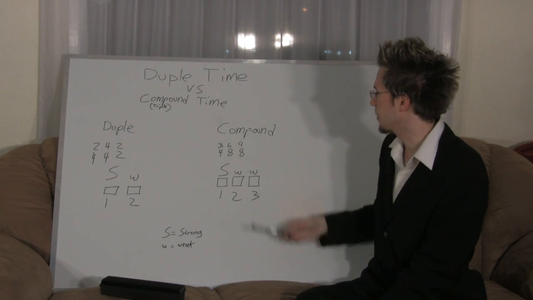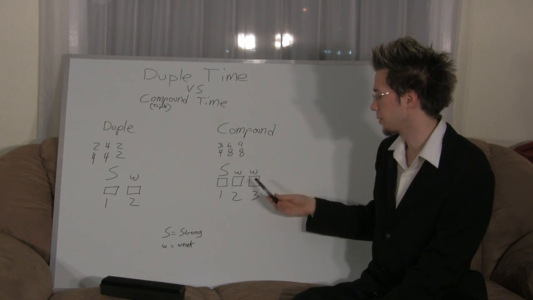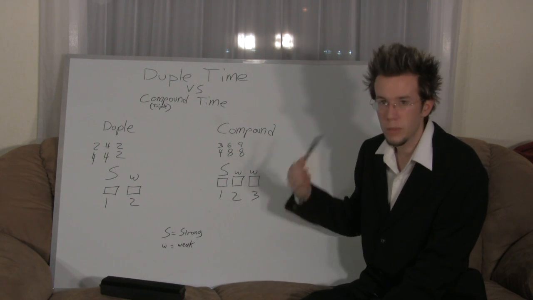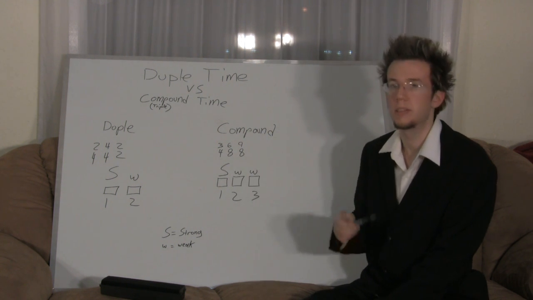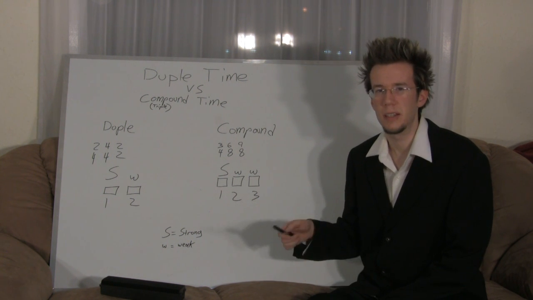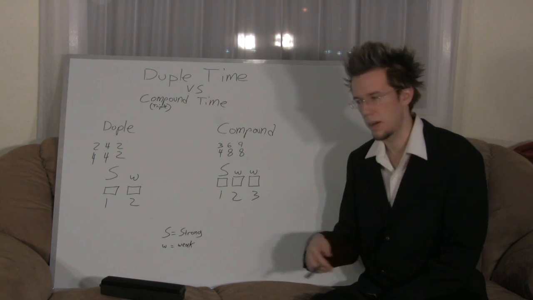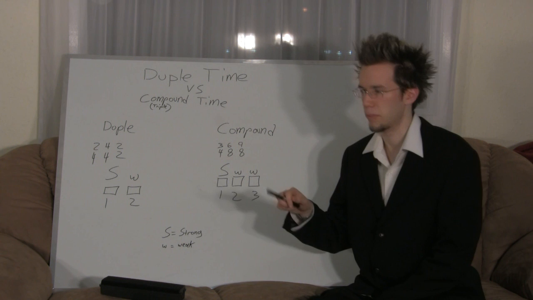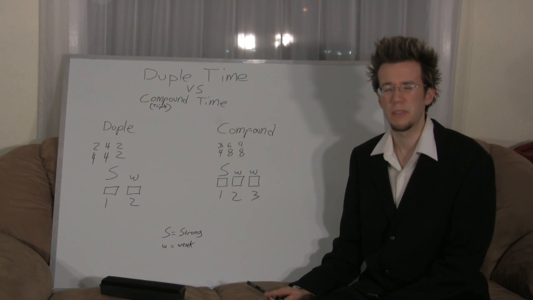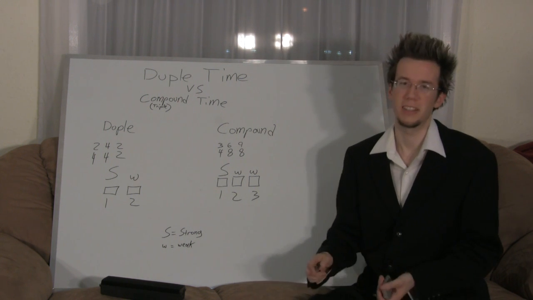Okay, so compound time is basically groups of 3, all right? So what you've got here is a 1, 2, 3, 1, 2, 3, 1, 2, 3 kind of feel. It's a lot like something you'd hear in a waltz, where it goes like bottom, bum, bottom, bum, bottom, bum. And duple time has kind of a marching feel to it, like 1, 2, 3, 4, 1, 2, like that, right?